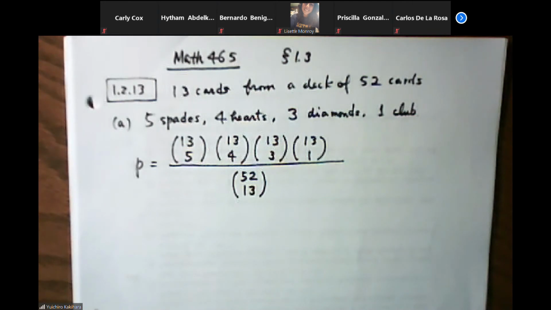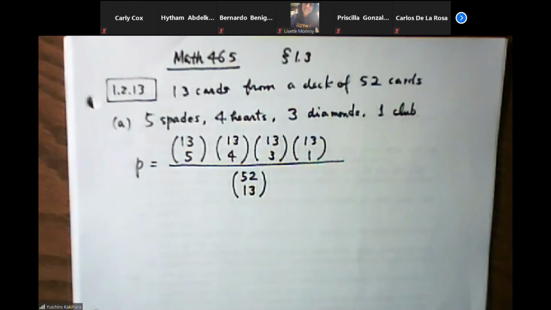Part D is: suppose you are dealt 5 cards of one suit and 4 cards of another. Will the probability of having the other suits split 3 and 1 be greater than the probability of having them split 2 and 2? That's the question, right?